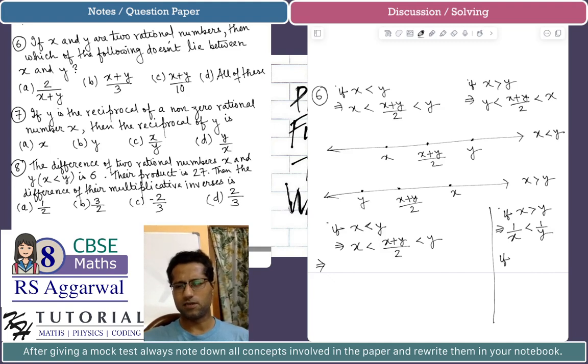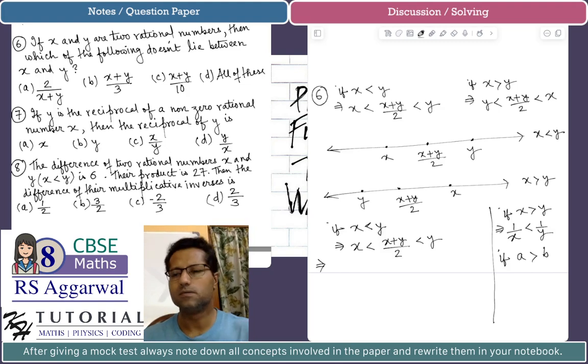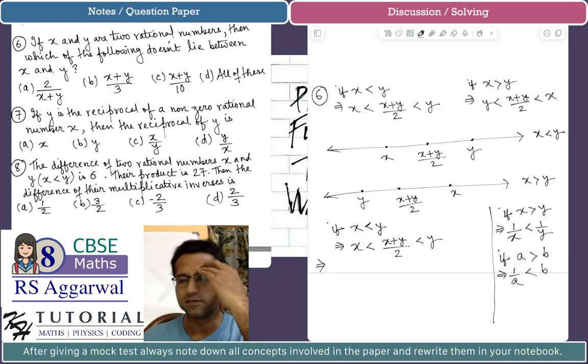for any two rational numbers, let's say a and b are non-zero rational numbers, if a is greater than b, can we say this will imply that 1 by a will be less than b? Is it always the case?